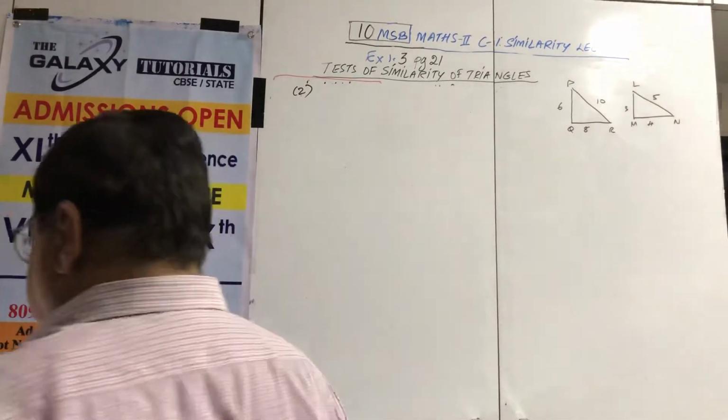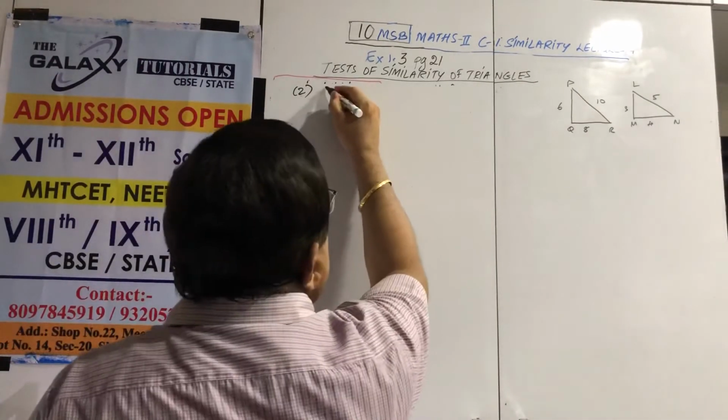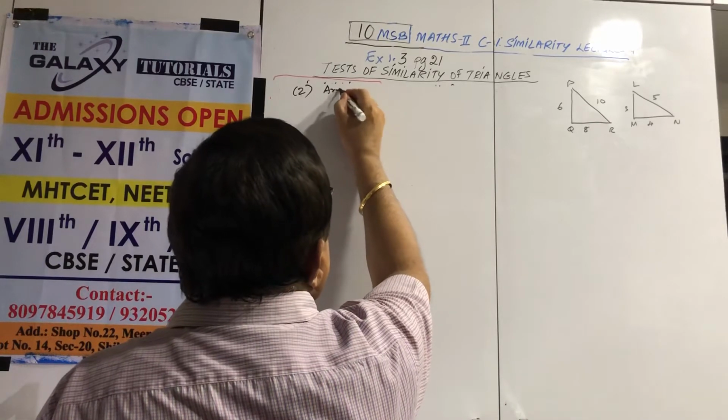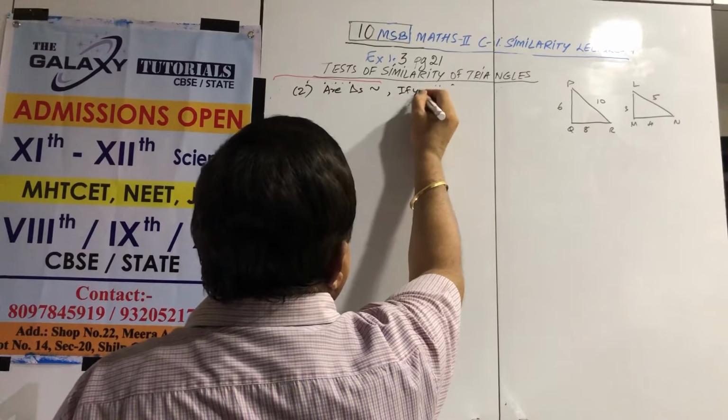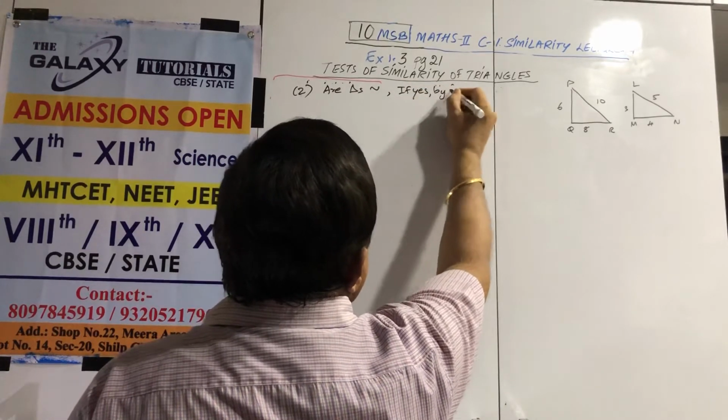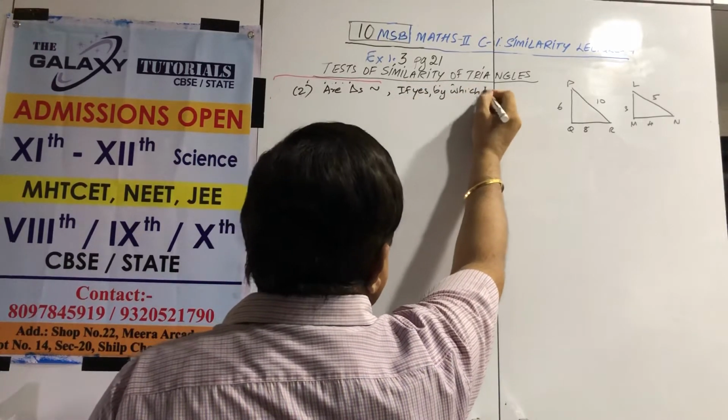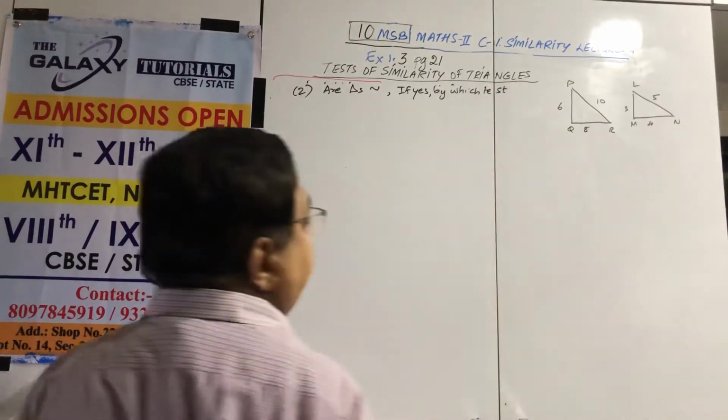The question in the book is: are the triangles similar? If yes, by which test?